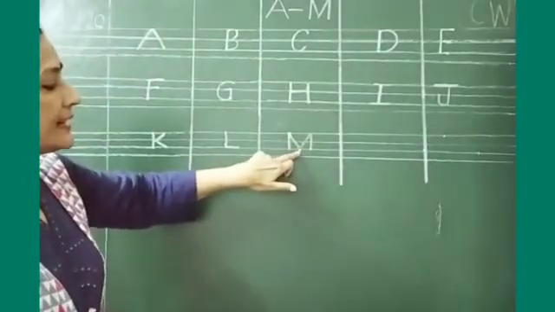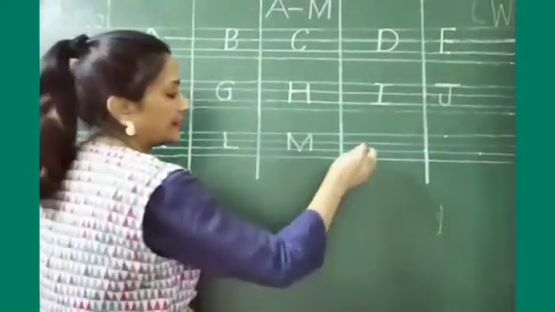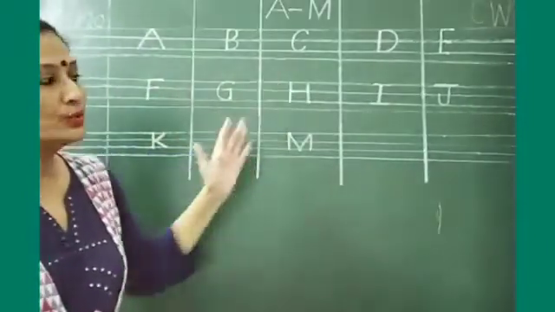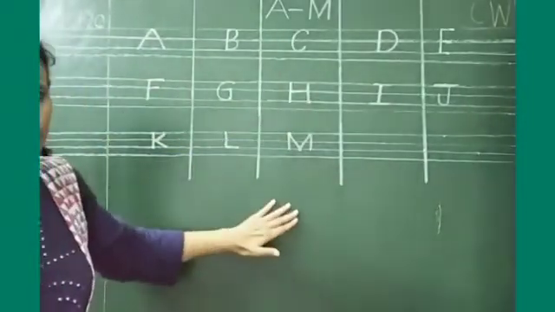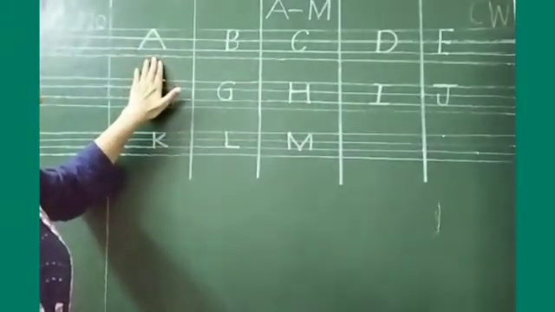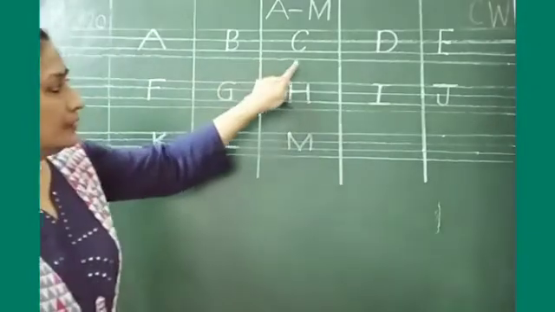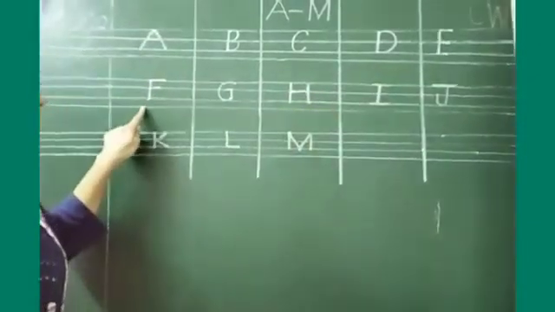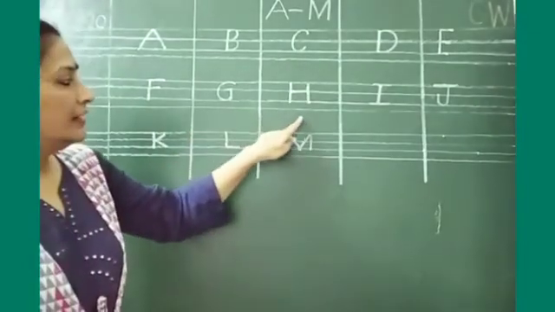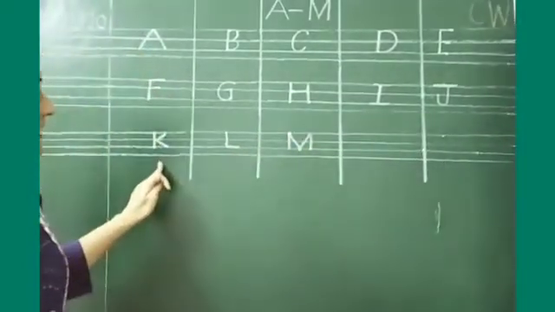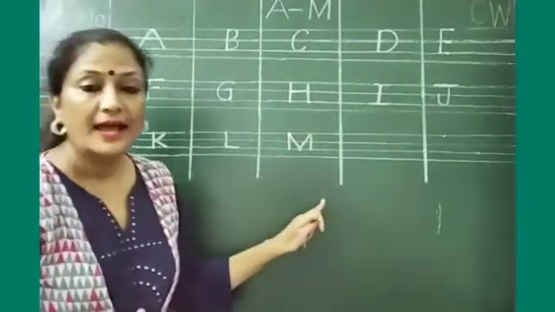Slanting lines from the top, and we make M, right? So you have learned to write once again A to M. Let us read these letters once again. A, B, C, D, E, F, G, H, I, J, K, L, M.